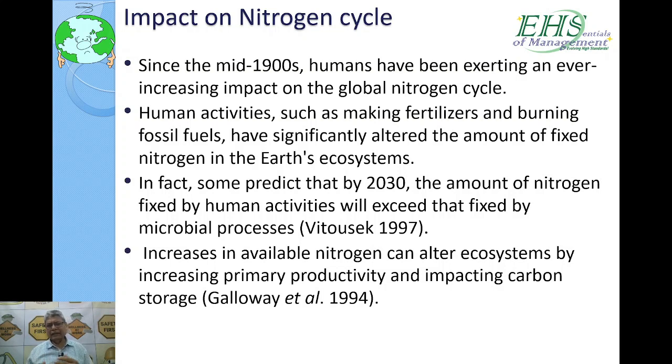So it will increase the amount of nitrogen. Increase in available nitrogen can alter the ecosystem by increasing primary productivity and impacting the carbon storage. So this is a great impact of human activity on the nitrogen cycle. Our activity is disturbing nature's nitrogen cycle.